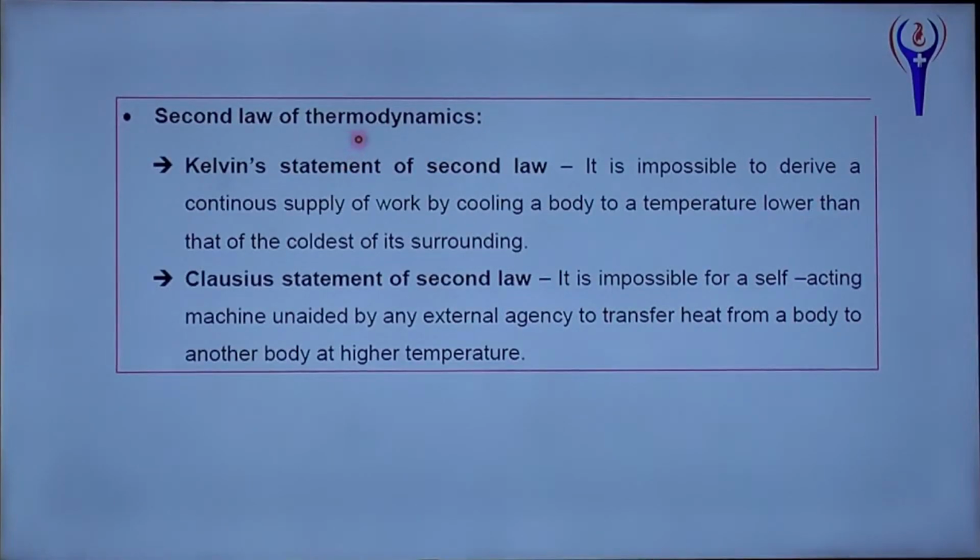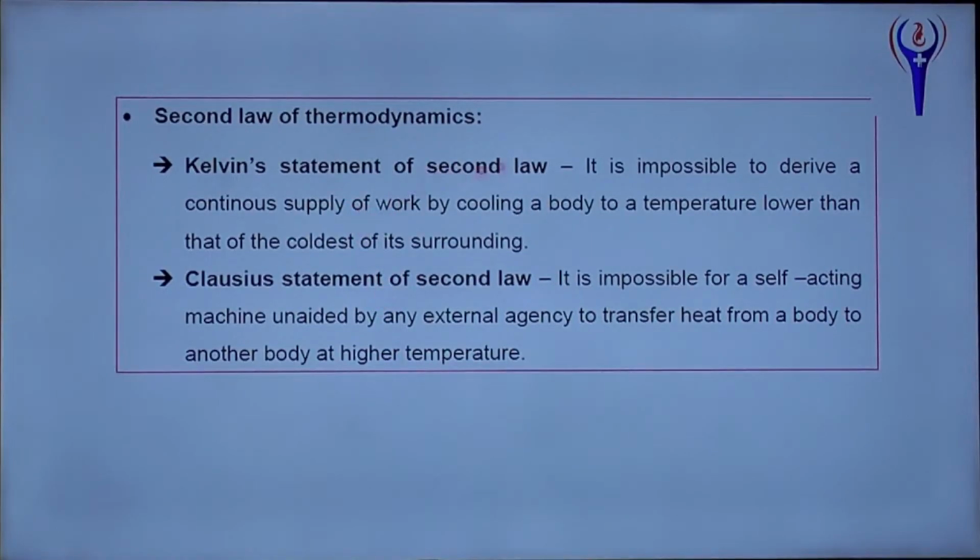Next, the second law of thermodynamics. The second law of thermodynamics has two statements, Kelvin statement and Clausius statement.